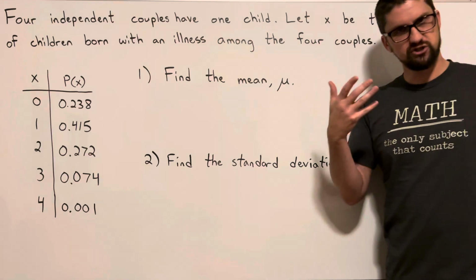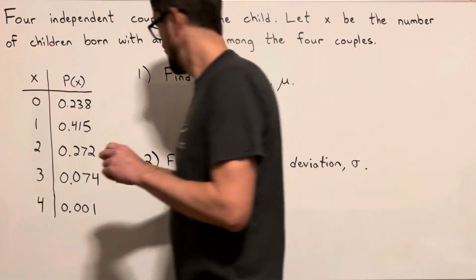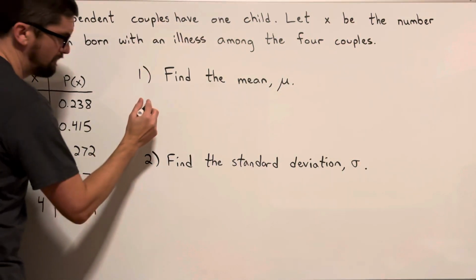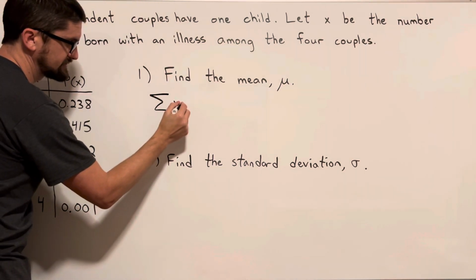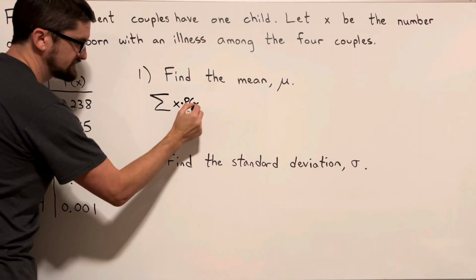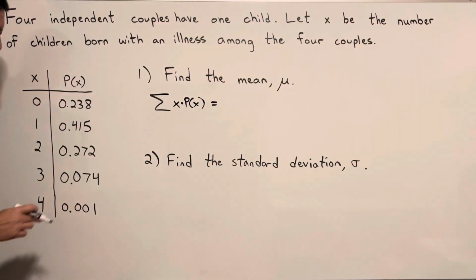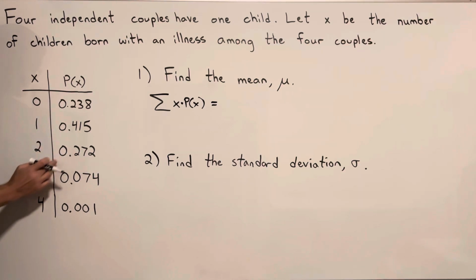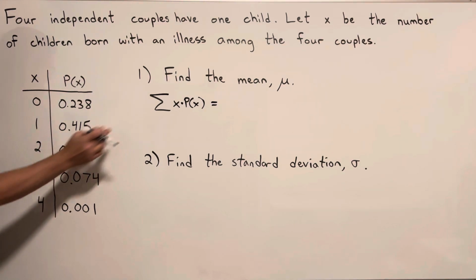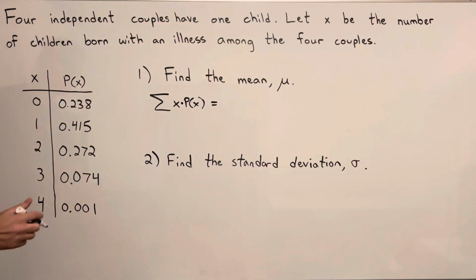One way of doing this is to use formulas. There's a formula for the mean, which is the sum of x times p of x. So to use this formula, what you do is you multiply x times p of x for each situation and sum them together. That's the summation symbol.